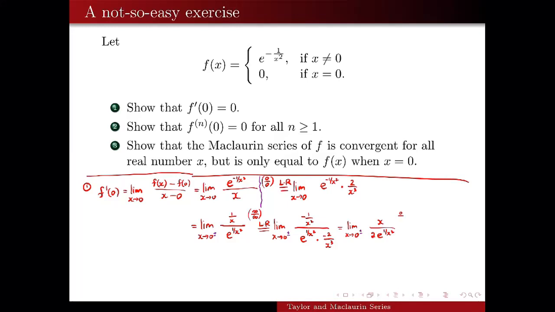This is 0 over infinity. The limit here is just 0. And we are done. So, f prime of 0 is equal to 0.